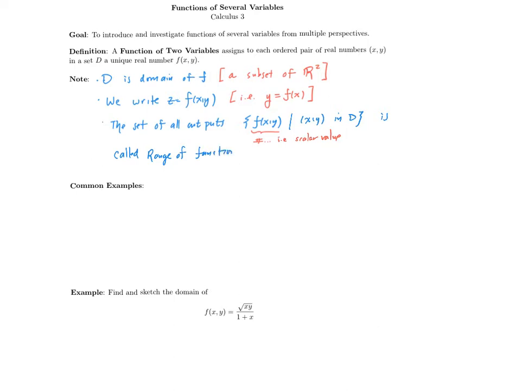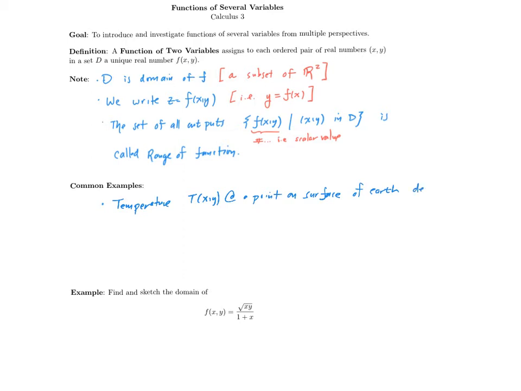And before diving into some specific examples of functions of 2 variables, let me first note that there are many common examples that you all have encountered throughout your daily life. So take a moment and see if you can think of a quantity that depends upon 2 inputs. Now, a very common thing that we might not think of all that often is we could say that the temperature, let's say T of x comma y, at a point on the surface of the Earth is a function of what 2 inputs?